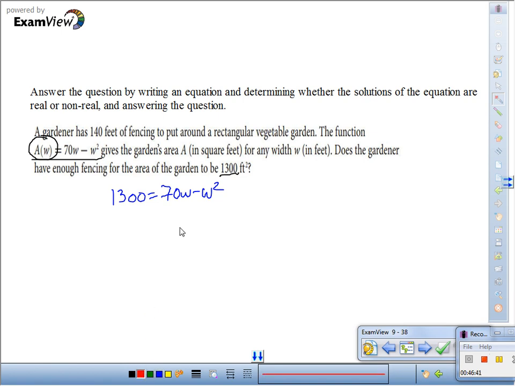All right? So here we need to set it equal to 0 so we can start trying to see what we have. So we subtract 1,300, subtract 1,300. We end up with 0 equals, let's write this in standard form. What do I start with? Negative W squared, then plus 70W, and then negative 1,300.